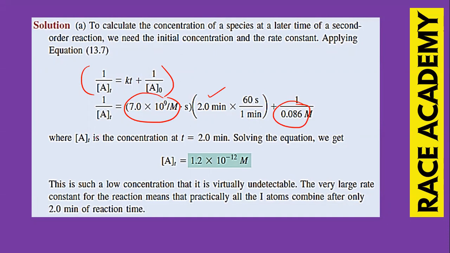Upon solving the equation, you'll get AT as 1.2 times 10 to the power of minus 12 molarity. It's a very low concentration, undetectable also. A very large rate constant means practically all the iodine atoms combine after only 2 minutes of reaction time.